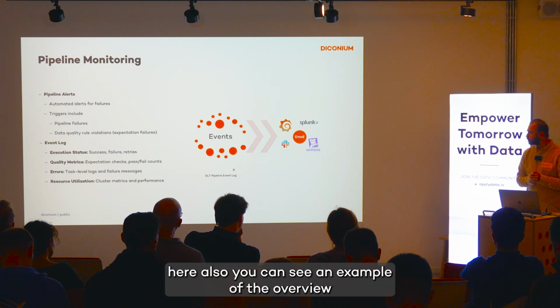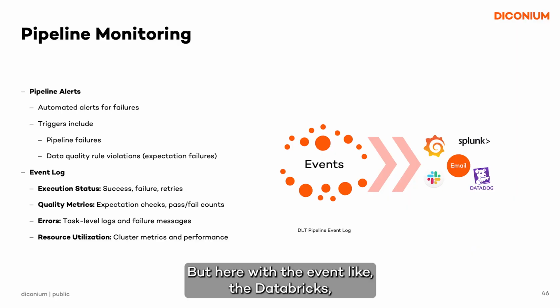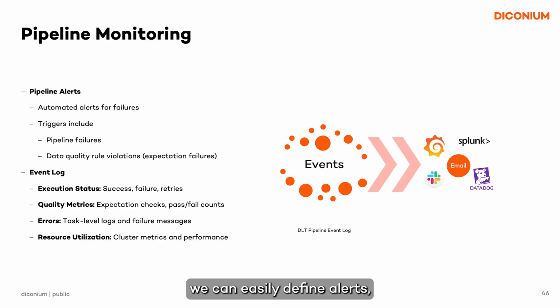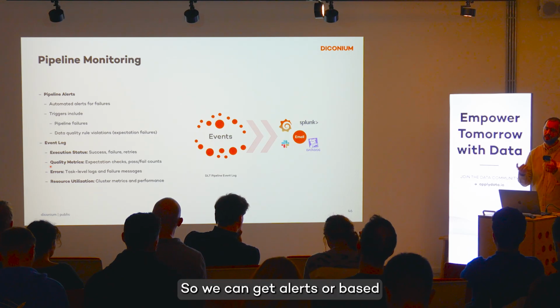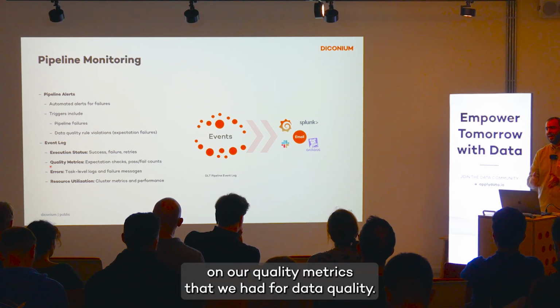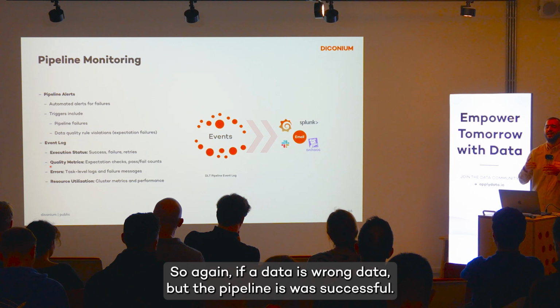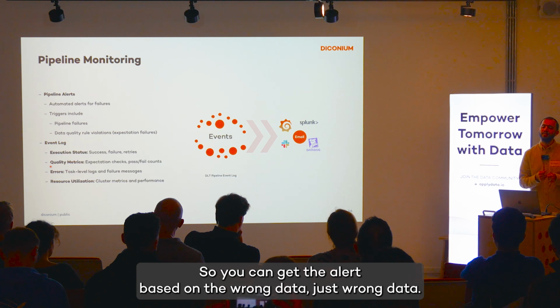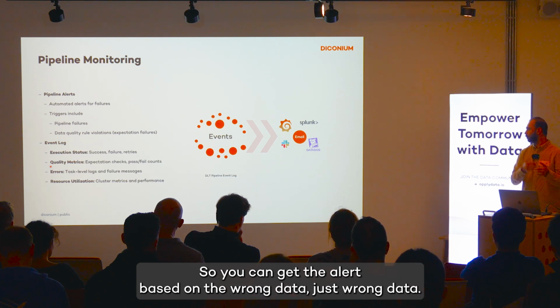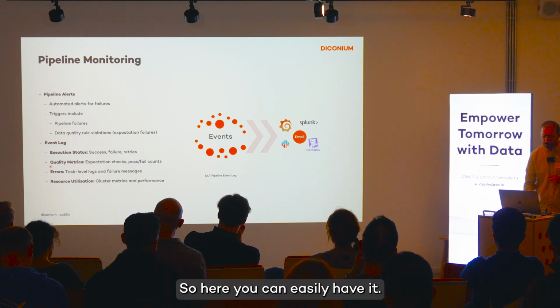But here, with the event log of Databricks, we can easily define alerts based on the execution. It was a success, it was a failure, so we can get alerts. Or based on our quality metrics for data quality. So again, if the data is wrong but the pipeline was successful, you can get the alert based on just the wrong data. So here you can easily have it.